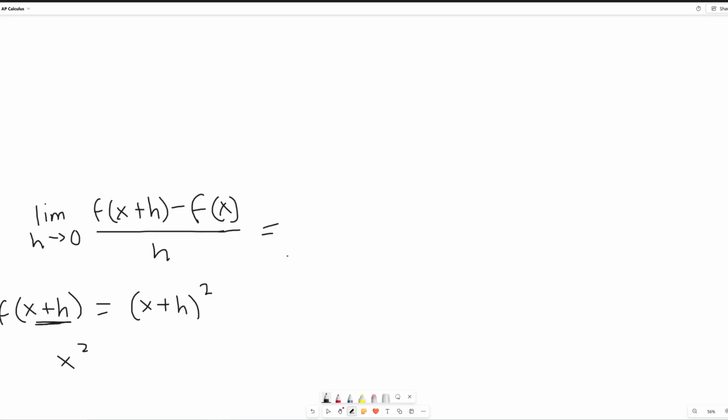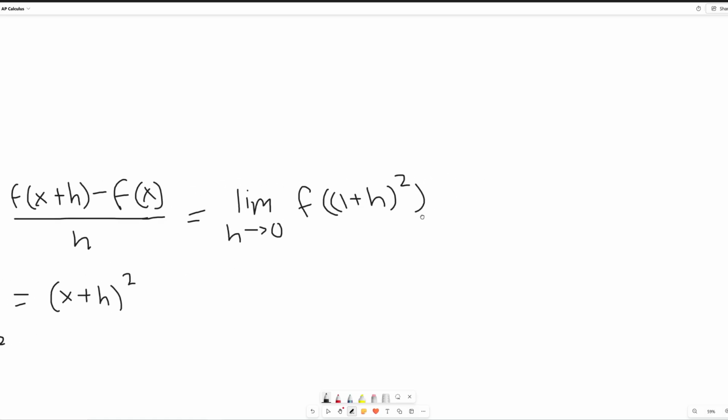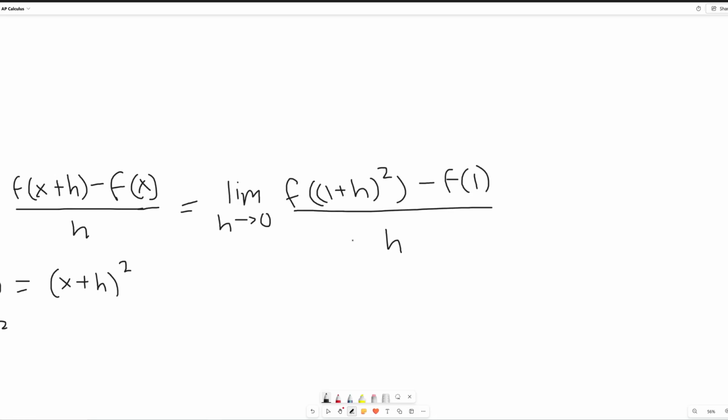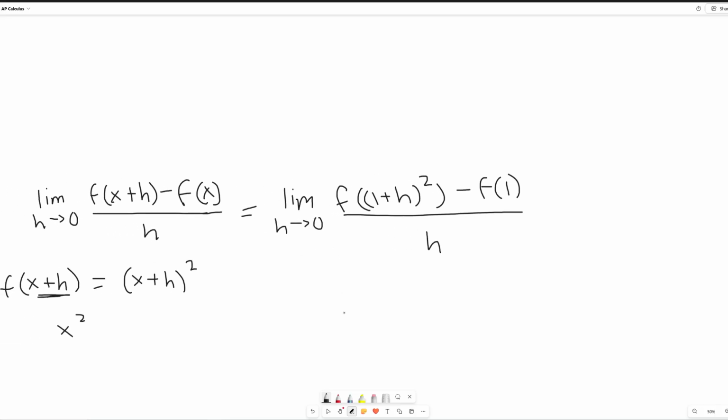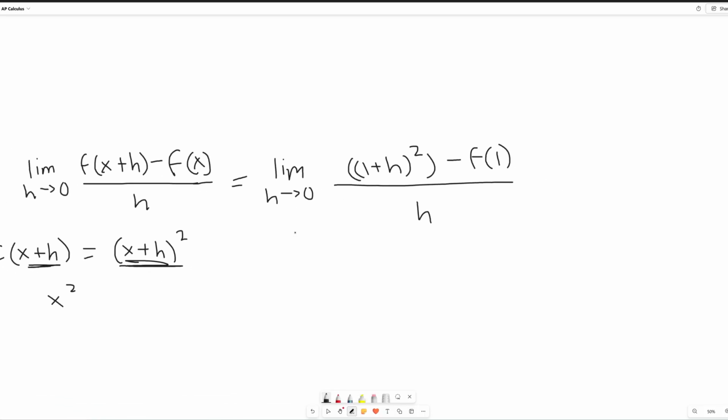So, the slope at x equals 1 would be limit as h approaches 0 of f of 1 plus h squared minus f of 1 over h. Let's see what happens here. F of 1 plus h squared. Or actually, it's not going to be f of 1 plus h squared. It's just going to be 1 plus h squared. Because that is what we plugged in over here.